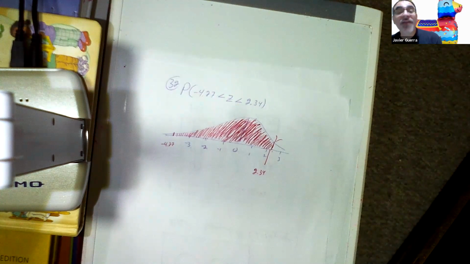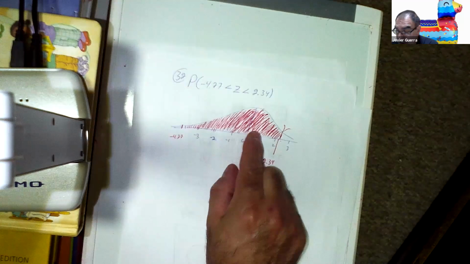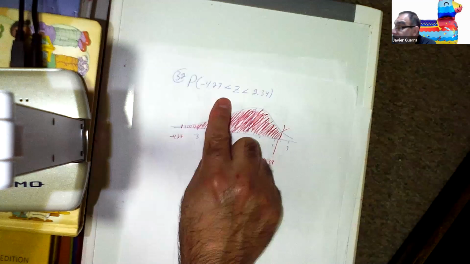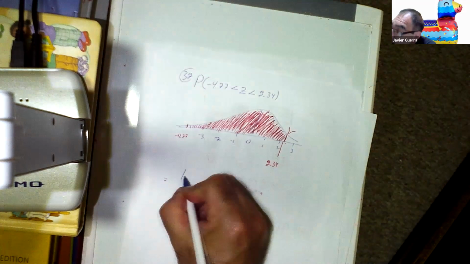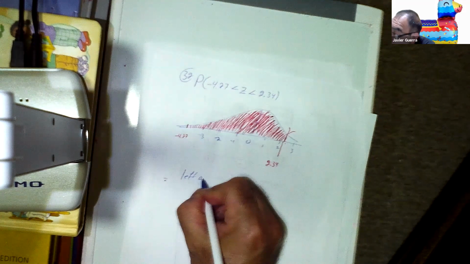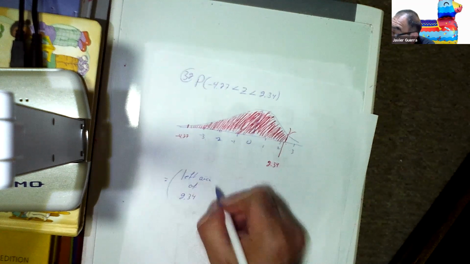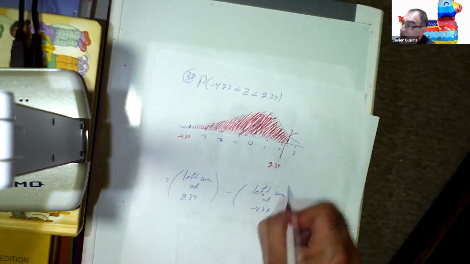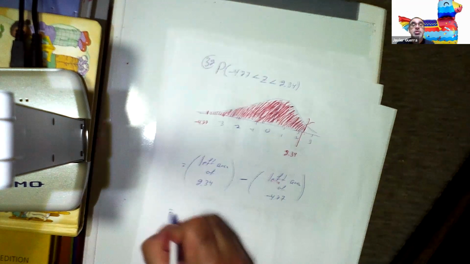Okay, so I gotta find the area of all that. All right, so remember, this is in between. Remember Beyonce song, to the left, to the left. So you're gonna look up the left area of 2.34, and then you look up the left area of negative 4.27, and we're gonna calculate it. Right, let's do the 2.34.